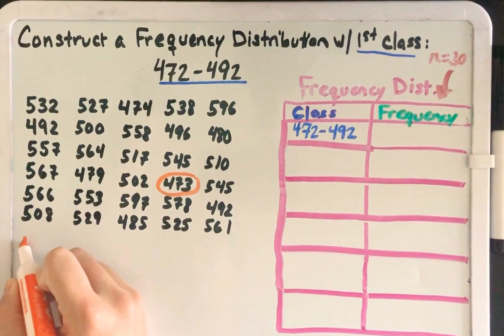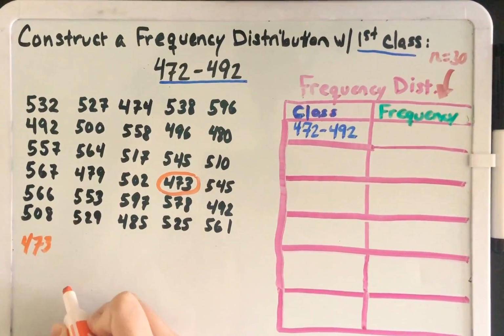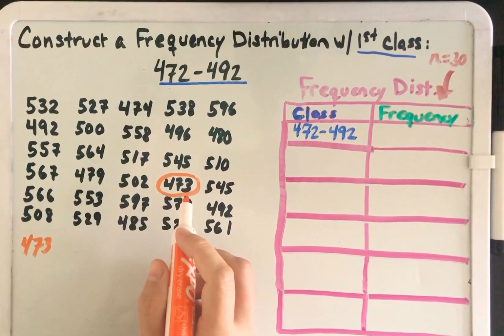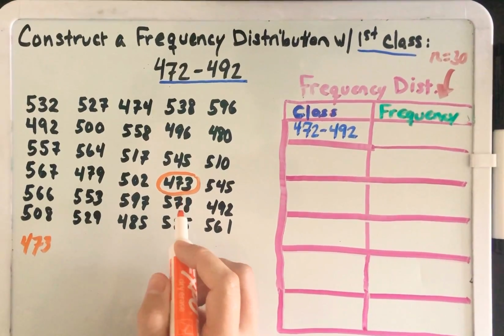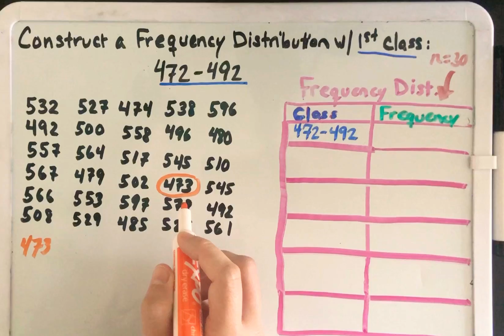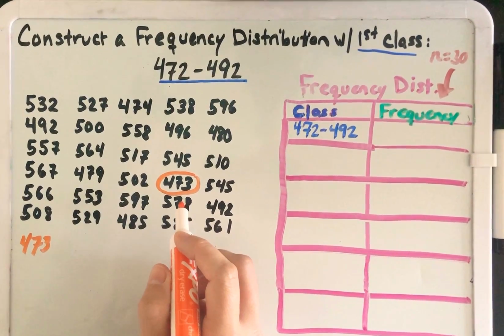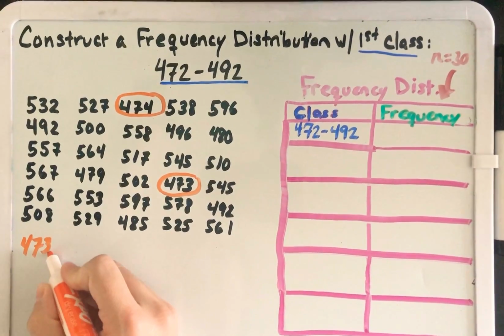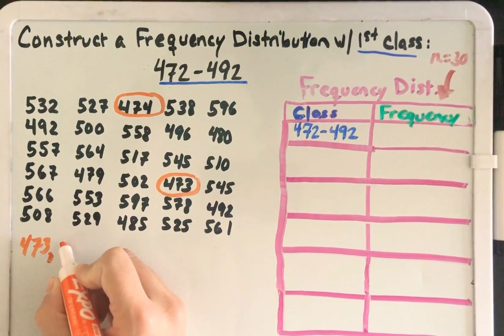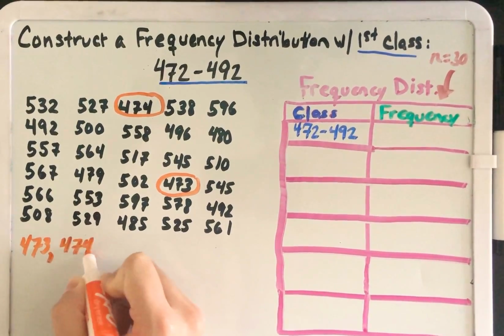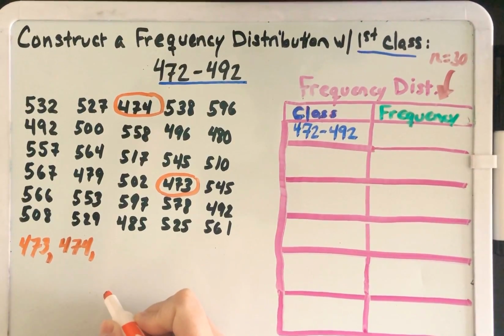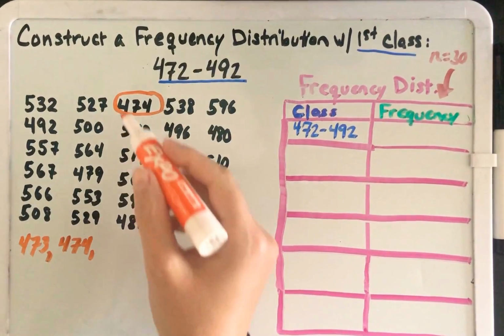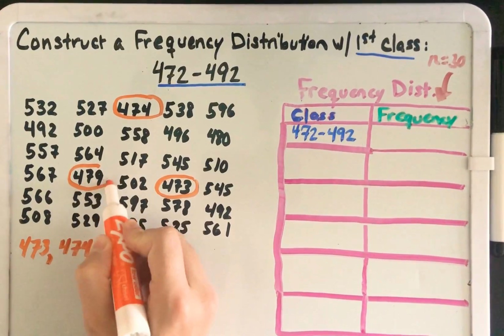So I'm going to take this 473 as my smallest. Rewriting this, 473 is my smallest, followed by my next data value. After 473, the next one I come up with is 474. Let's see where we find that. There he is. I can rearrange them horizontally here so you can follow with me. 474. The next one I find is 479. That's right here.